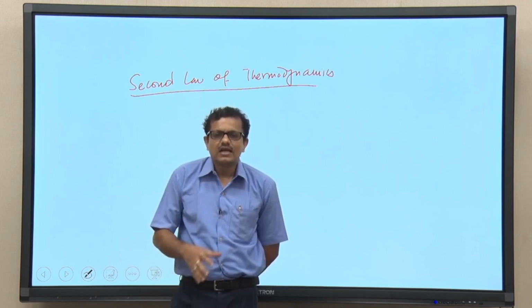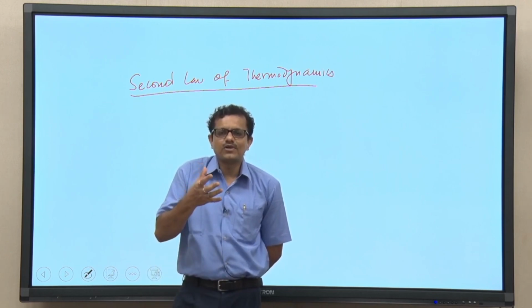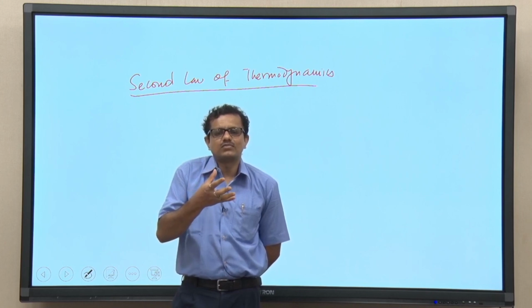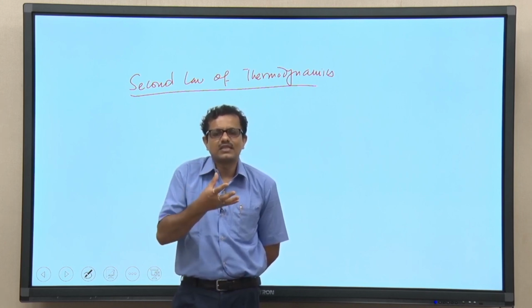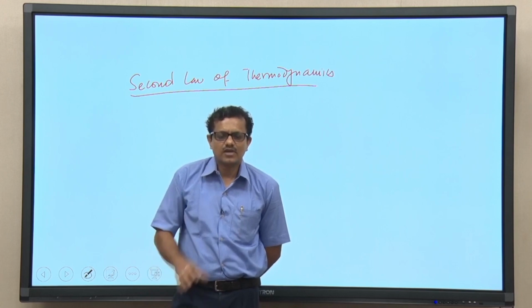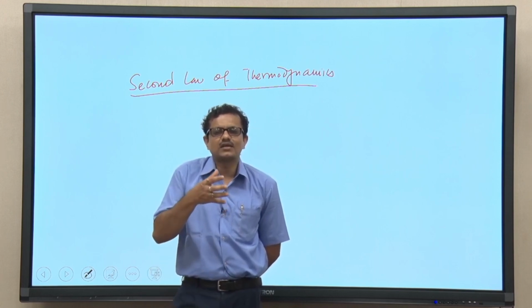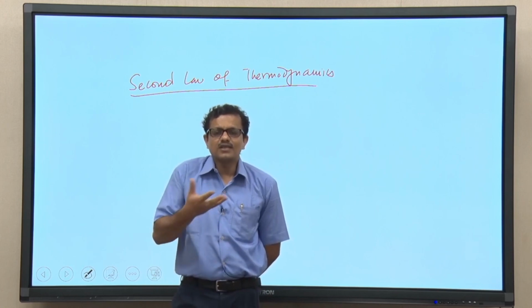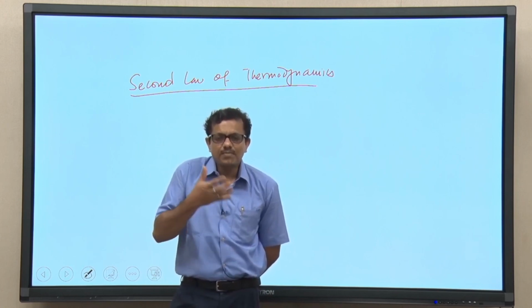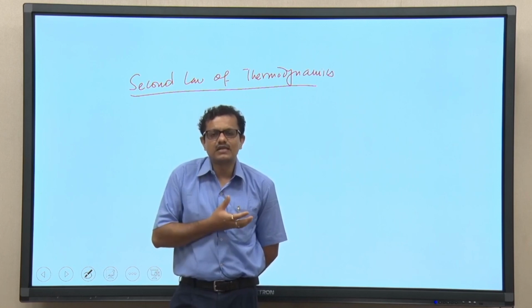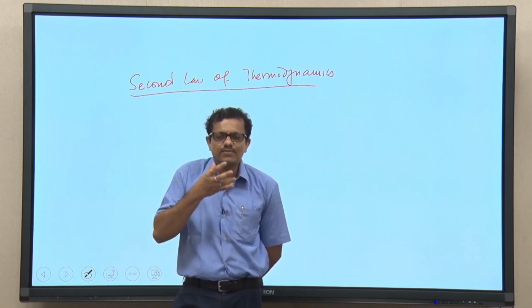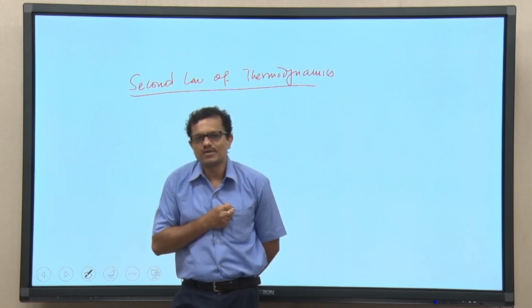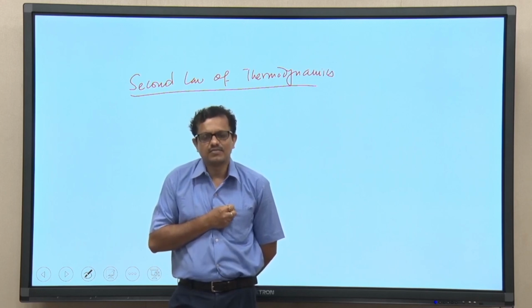Just for example, to complete a cyclic process there are 4 or 5 sub-processes. In all these sub-processes, if some degree of irreversibility is there, then it will definitely destroy the overall performance of the system.